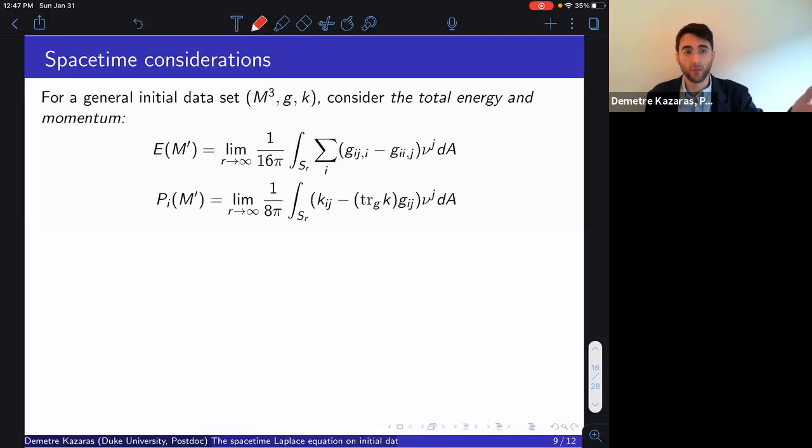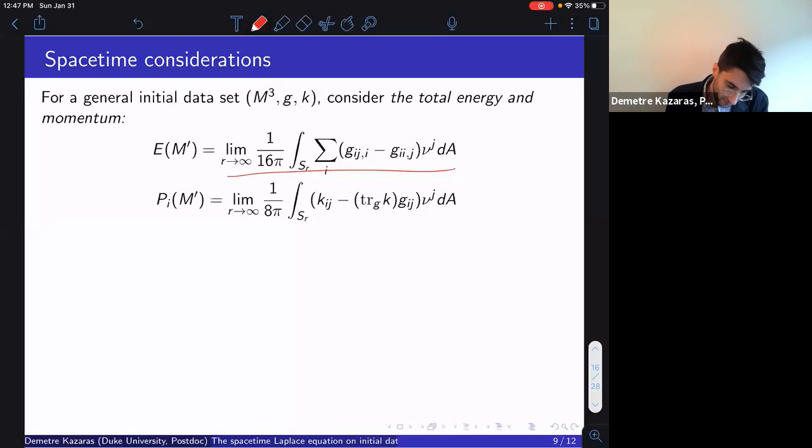You still have the energy from before, that's the same formula that I wrote already. And now you have 3 other numbers, i goes from 1 to 3, which depend on k. If k is 0, you don't see these invariants, they're 0. But if k is non-zero, then you get some interesting invariants which describe the total momentum of the system, which is naturally a vector.